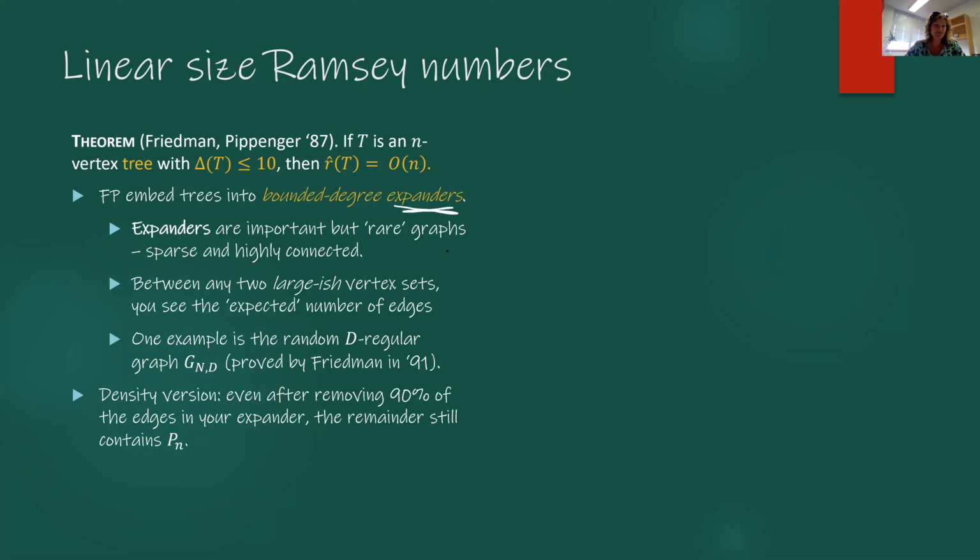And recently we had many more constructions of expanders. The Friedman and Pippenger techniques are really important because they're algorithmic techniques to embed inside expanders that have been widely used afterwards.